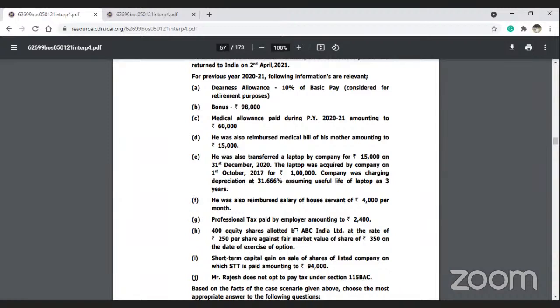So the purchase price as on 1st October 2017 was 1 lakh, and we reduce 50% each year. That will be up to 3 years, because the useful life is only 3 years. So 1 lakh minus 50% will be 50,000 as on 1st October 2018. Then on that 50,000 again reduce 50%, that is 25,000.